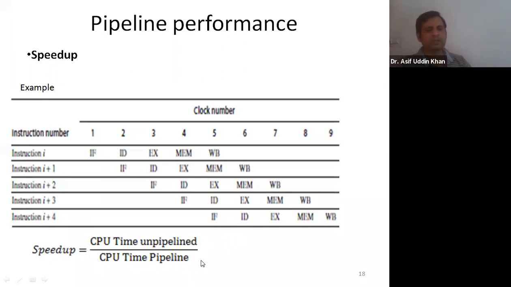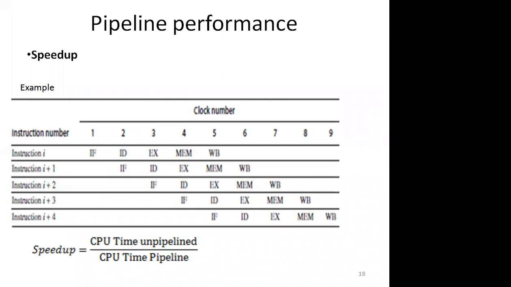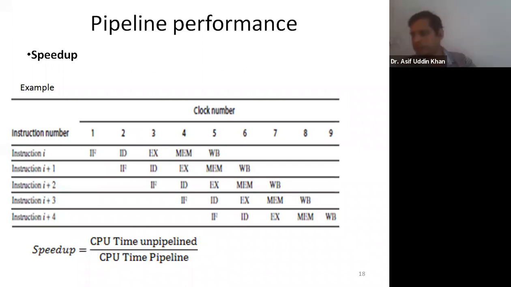Now, what is the speedup? How much speedup is the pipelined processor? 1.5 times. Yes, 1.5 times. Very good. So this is the pipeline performance equation.